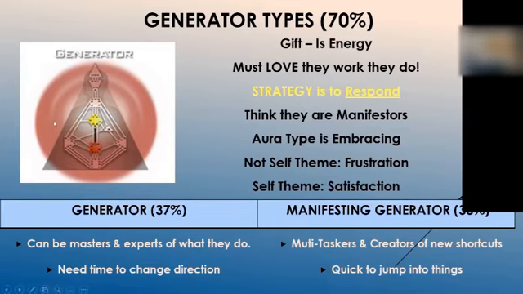If you look on this image over here on the left, you're going to see there's a red square. And if you look on your chart, everybody here is going to have the second square up from the bottom lit up and colored in red. That is your sacral center. That is the area in your body that generates an unlimited amount of energy.